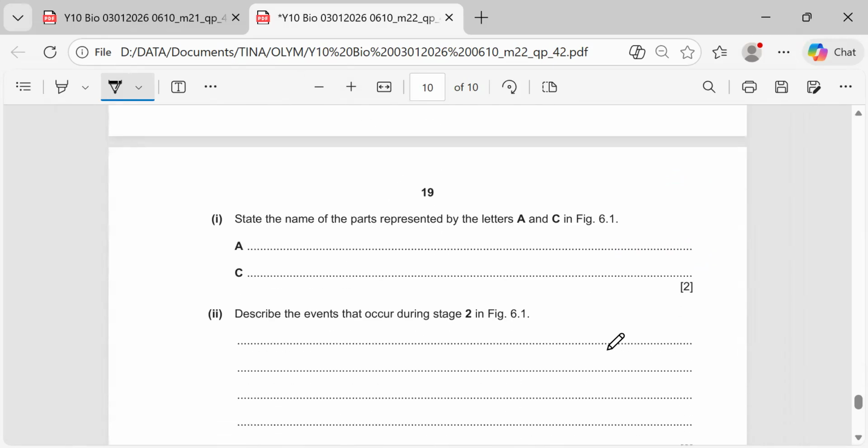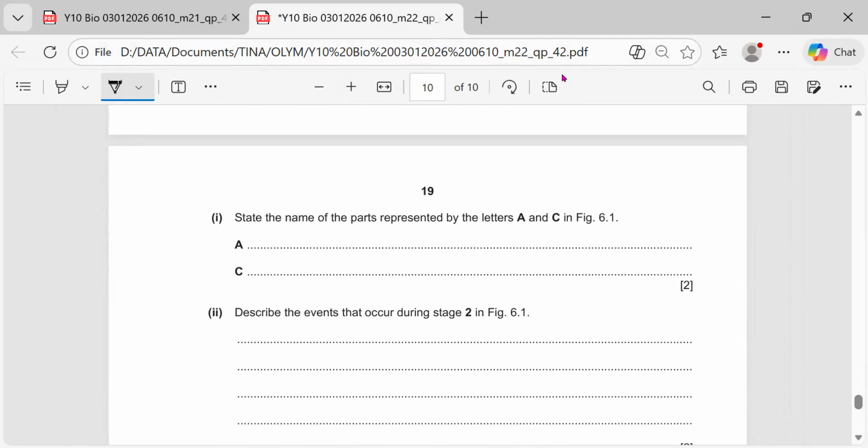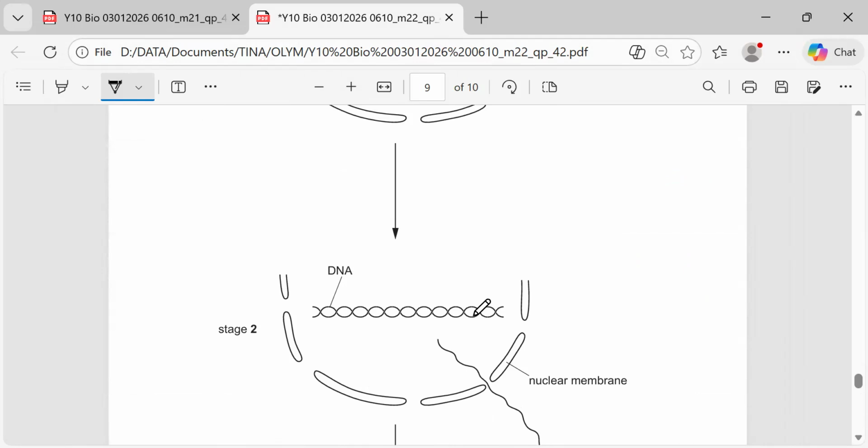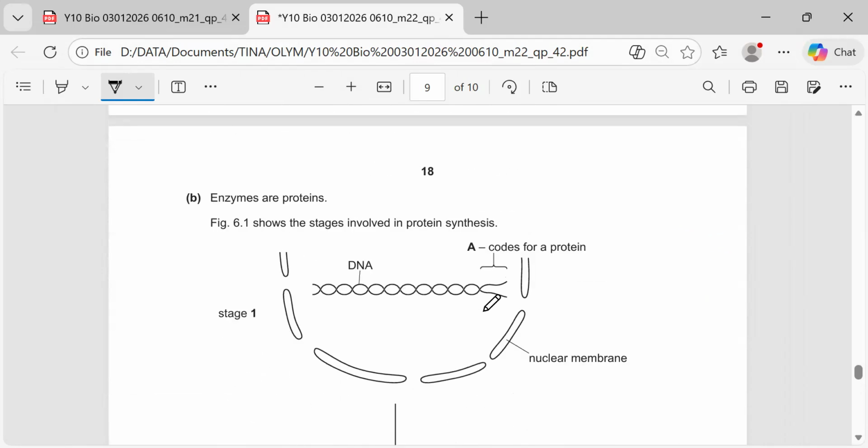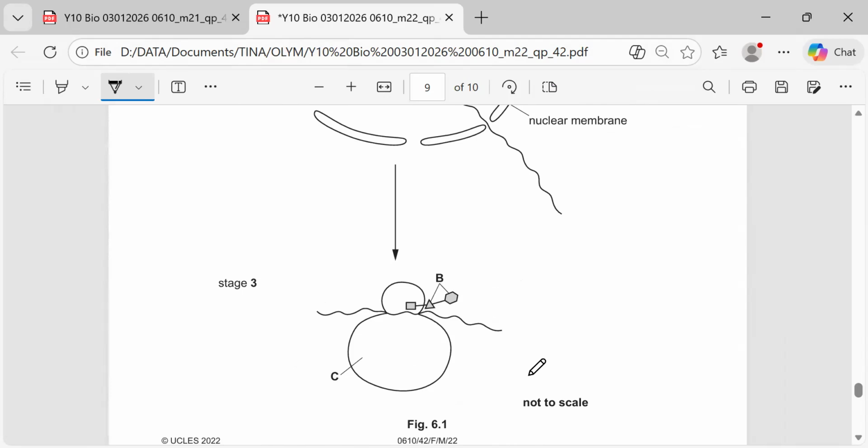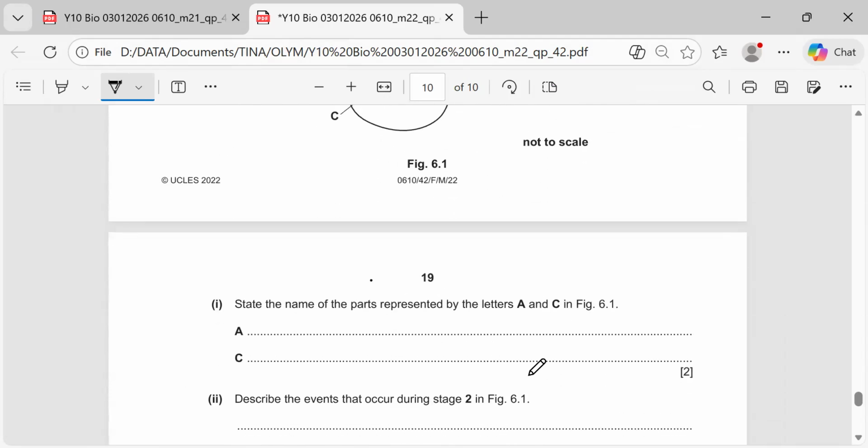Okay, read the question first. If they're asking about proteins, is it DNA or RNA?